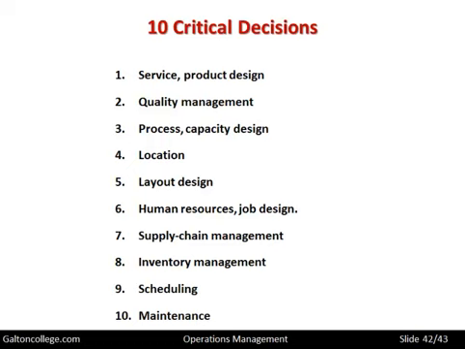Finally, maintenance. Make sure that the machines are maintained. As I said, in terms of scheduling, make sure that the machines are maintained on a scheduled basis. But also look at maintenance of the building, maintenance of equipment, the different versions of the product that are made, the different tools that are made. Make sure that they're maintained.